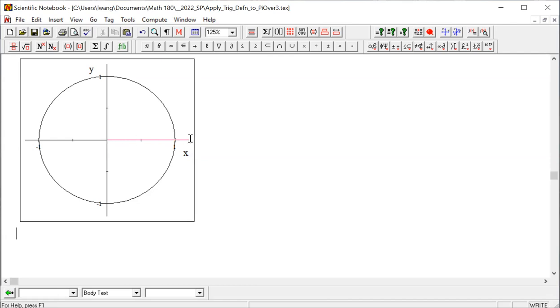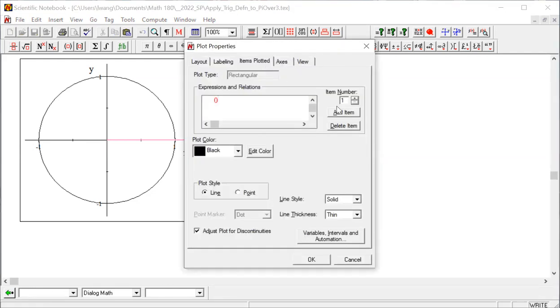That's the terminal. The terminal overlaps with the standard position. So in that case, the point we can pick on the unit circle is 1, 0. So let's put the red dot there.